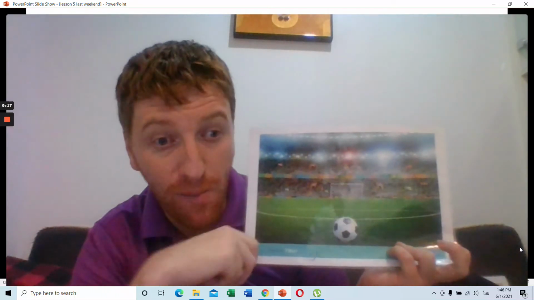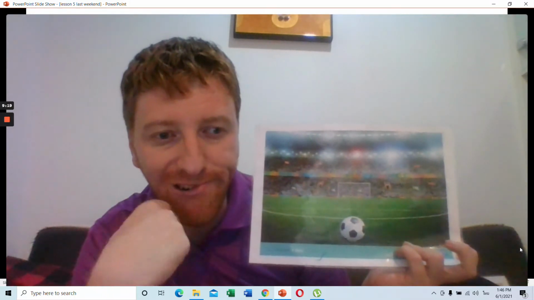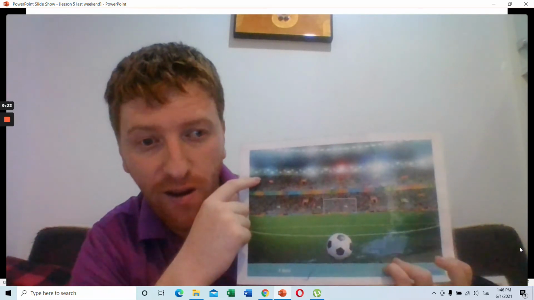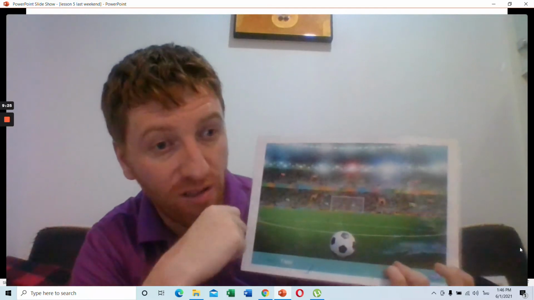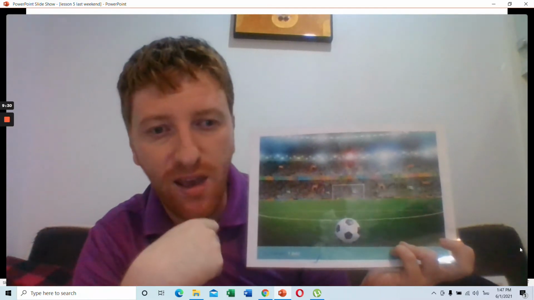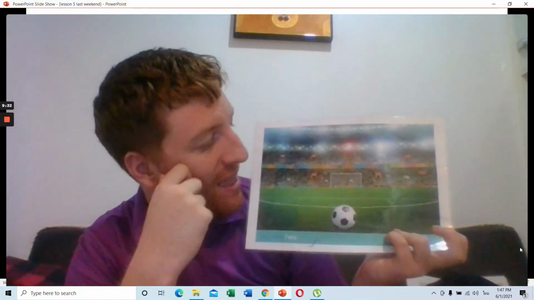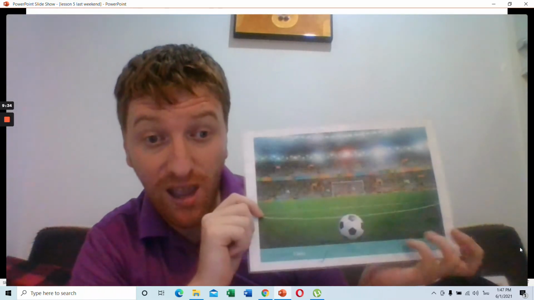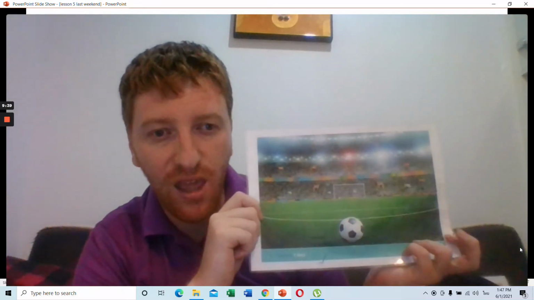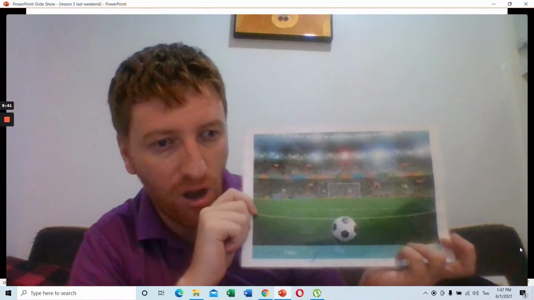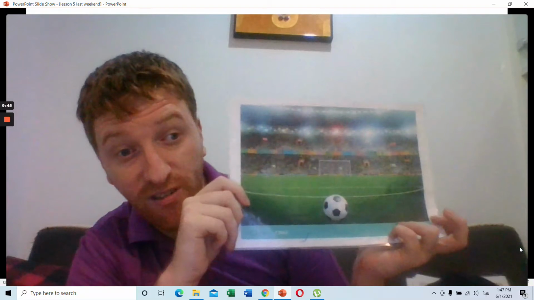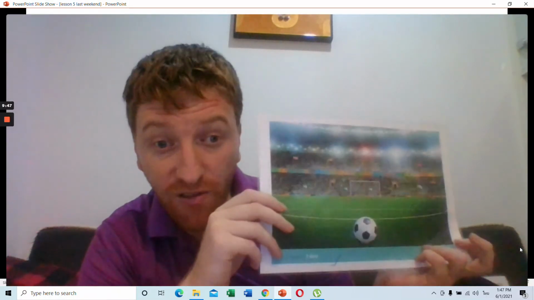Or if your team are losing, you will boo. There are loads and loads of people, thousands, and you will wear your team colours. So for Liverpool, you will wear red, or whoever you support, and you will watch the soccer game. It's a very fun atmosphere, everyone chanting, singing and jumping up and down when your team score a goal, yay. So this is a soccer stadium.